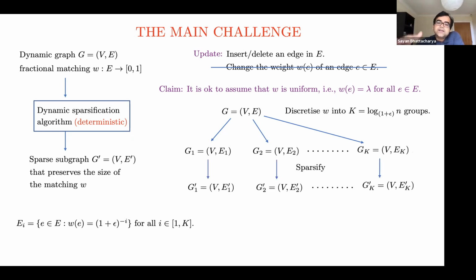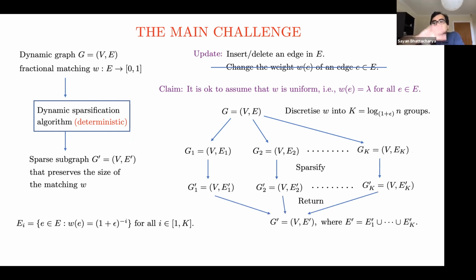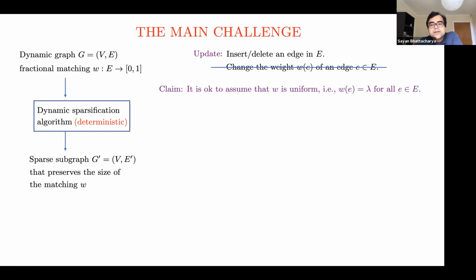And you can sparsify each of them individually, and then you can take the union of them. And you can do everything here in the dynamic setting. So I'm just leaving the technical details, but conceptually it should be easy to appreciate that we can make this assumption.